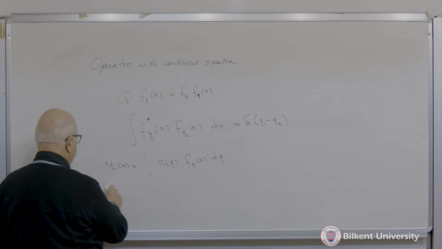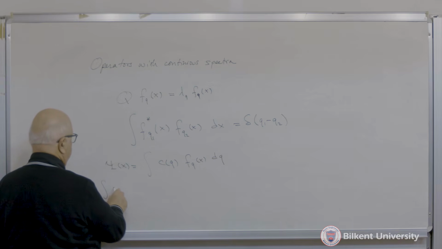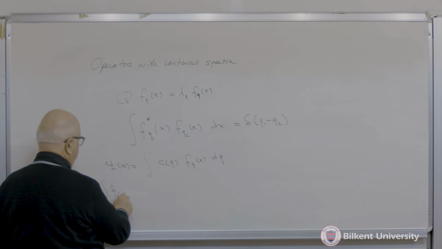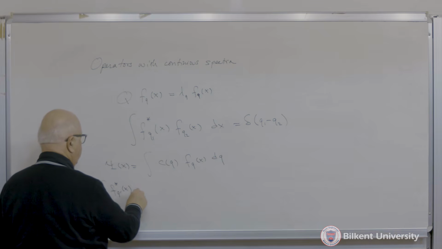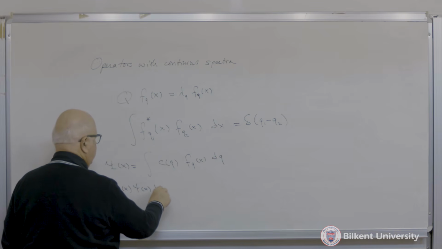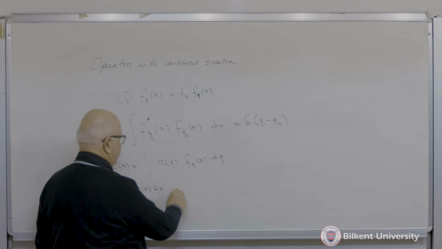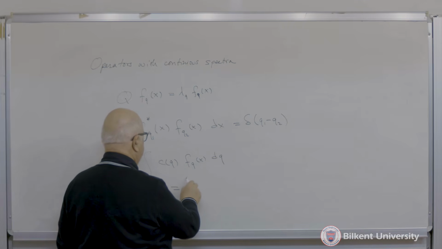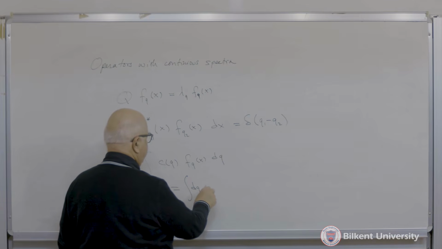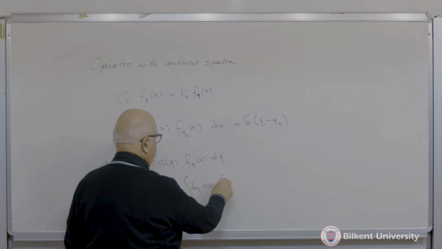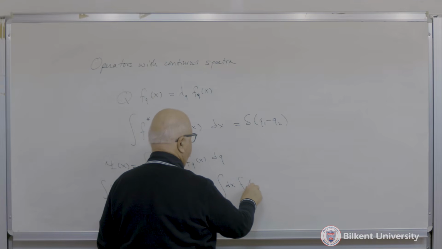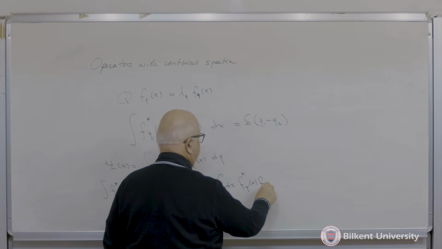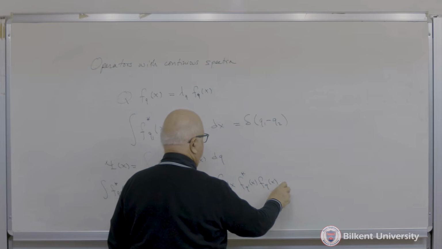Exactly the same procedure. Okay, I multiply the left hand side by, say, some f q prime of x with a complex conjugate, psi of x dx. So that generates now another integral on the right hand side. So I'm going to get this dq integral is still here, c q, but I now also have a dx integral with f q prime of x complex conjugate, f q of x, okay?